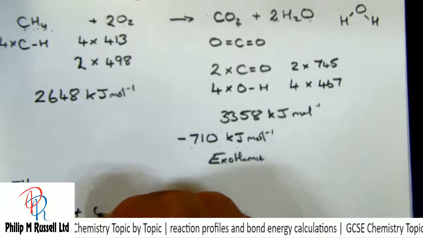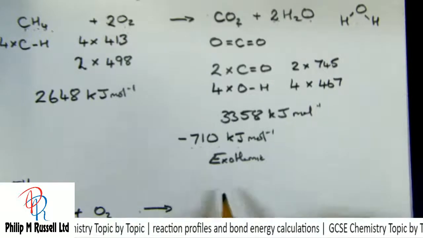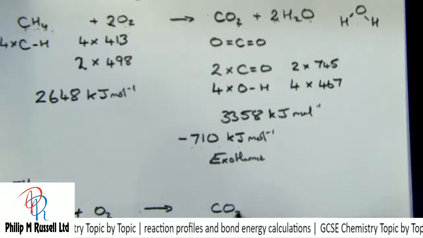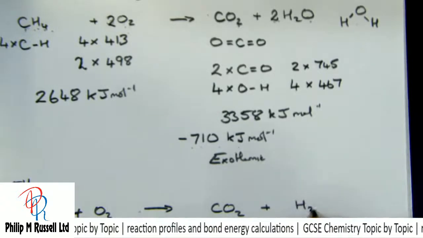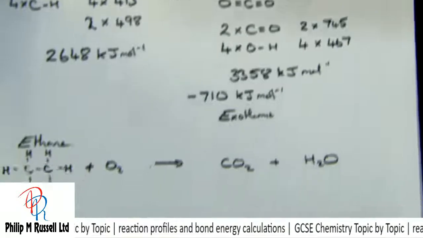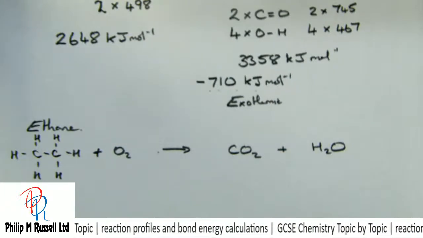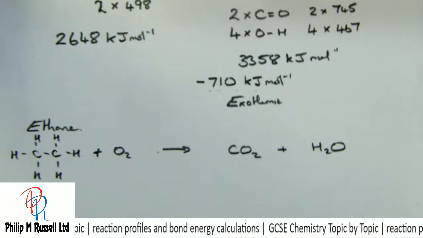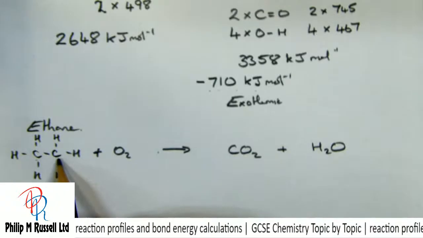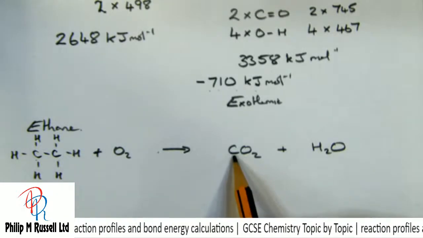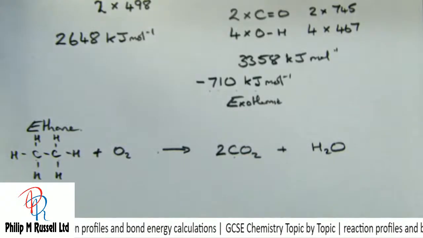And I'm going to put some oxygen in there, and I'm going to burn it, and I'm going to make CO2 plus some water. Our first job is we've got to balance this reaction to work out what we require. So I've got 2 carbons on this side, so I must end up with 2 carbons on that side.